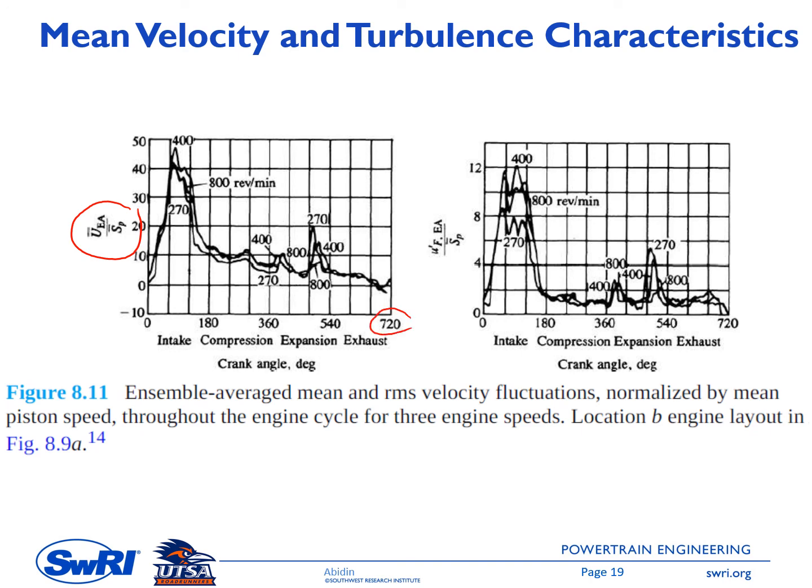On the right side is u prime, the root mean square velocity fluctuation, also normalized by the piston speed, and both are at location B, close to the cylinder liner. As you can see here, the engine speed has a small impact on both parameters, the mean and the fluctuating velocity.